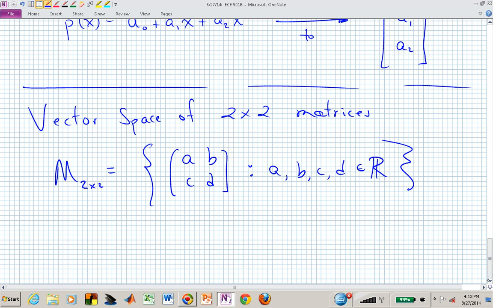That vector space corresponds to, or is the same as, what, let's say, real vector? What real vector would this 2 by 2 matrix correspond to?